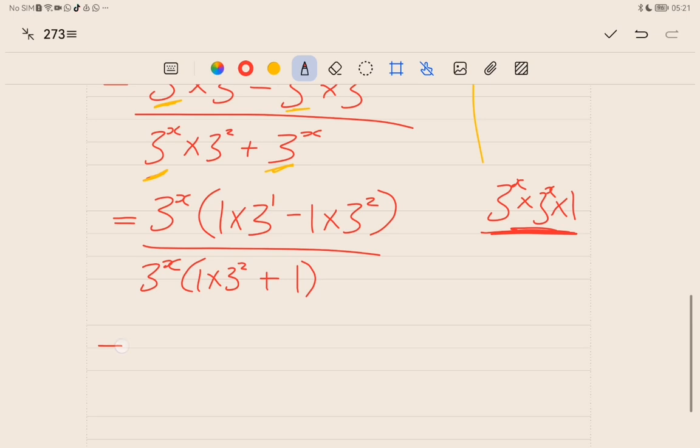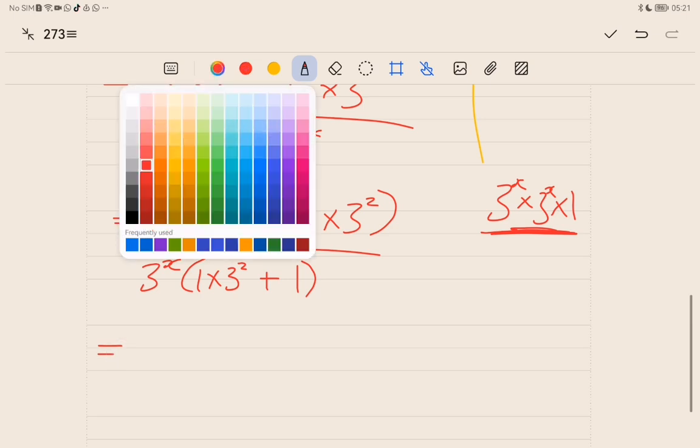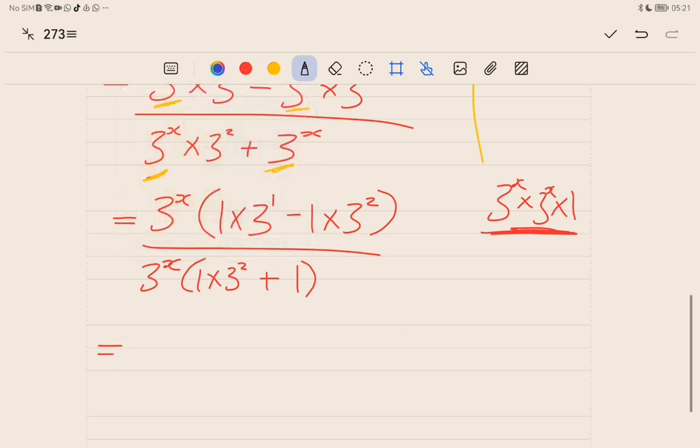The common factors divide. So now we're going to say 1 times 3 is 3, minus 1 times 3 to the exponent 2, which is 9.